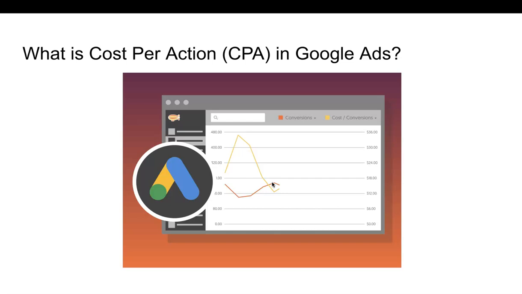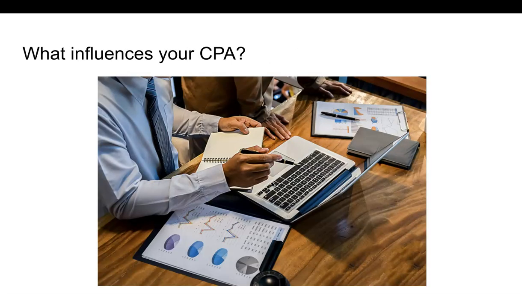So if you want a lower cost per acquisition, improving your conversion rate is the name of the game, my friend. So what influences your cost per acquisition?